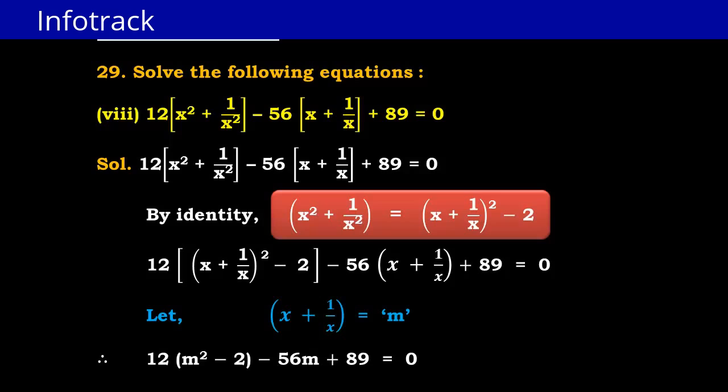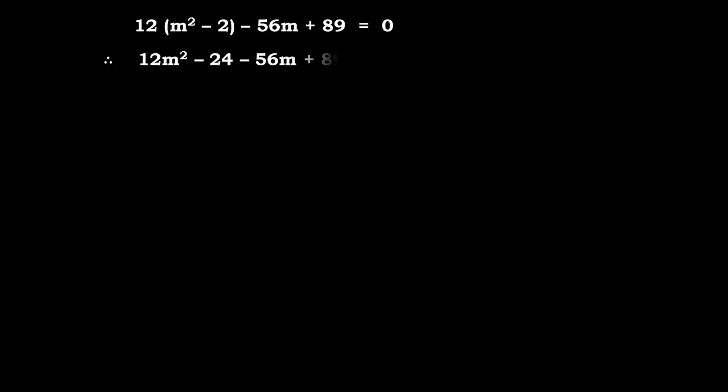Solve the bracket. We get 12m² - 24 - 56m + 89 = 0. So 89 - 24 will become 65. So we can write the equation 12m² - 56m + 65 = 0.